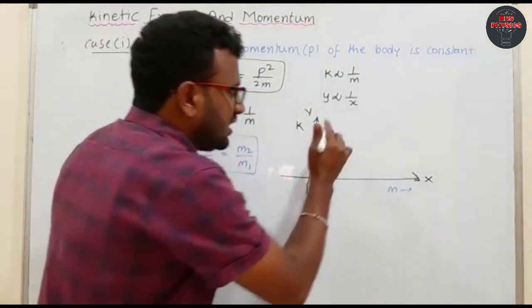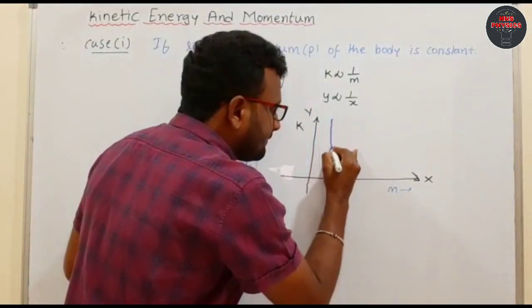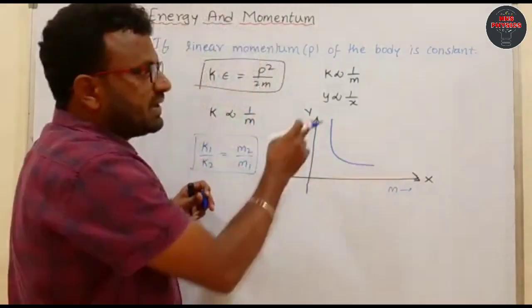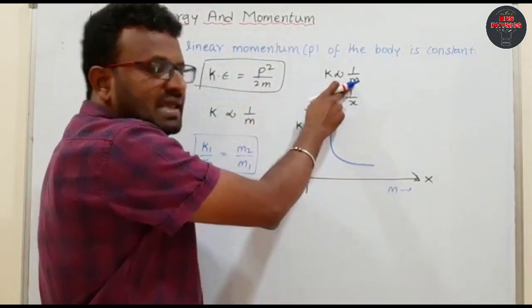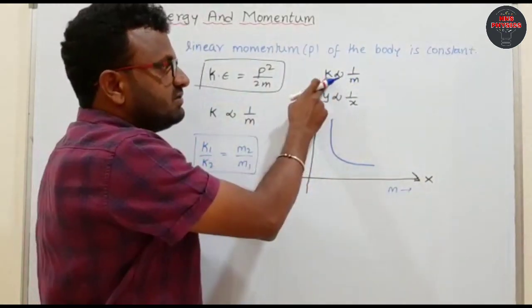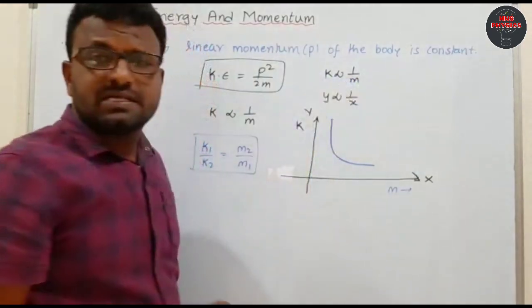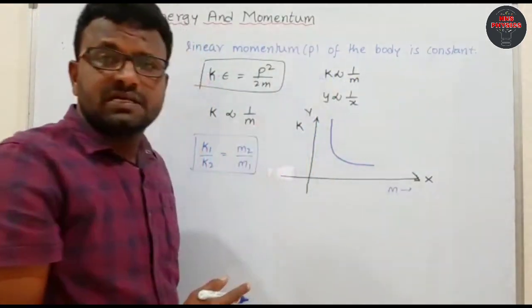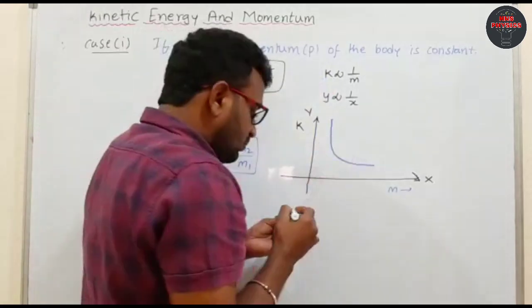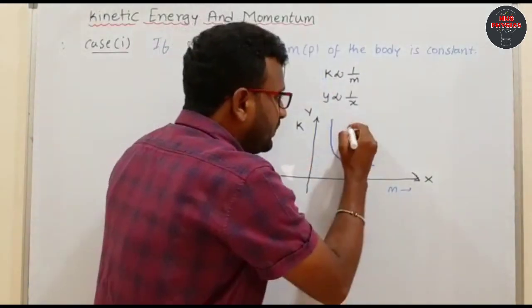Inversely proportional, so the graph will come like this. That means if the mass of the body increases, the kinetic energy decreases. If the mass of the body decreases, the kinetic energy increases. So vice versa. Here P is constant.